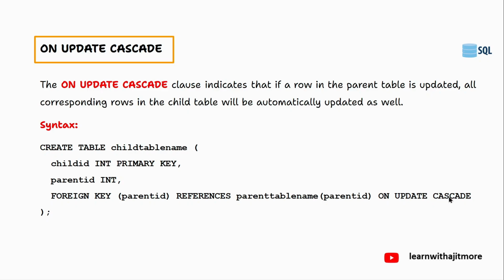Instead of cascade, you can use something else like set null or restrict. And restrict is the default. When you don't give anything, it is by default restrict only. On update, restrict. Getting it?